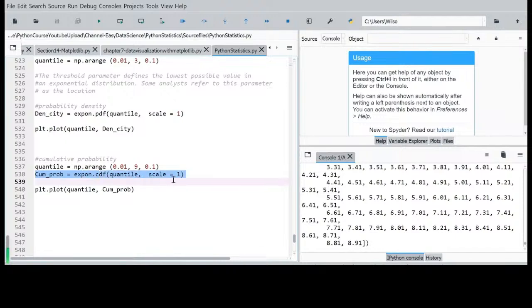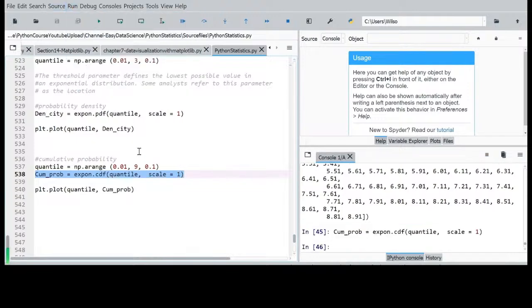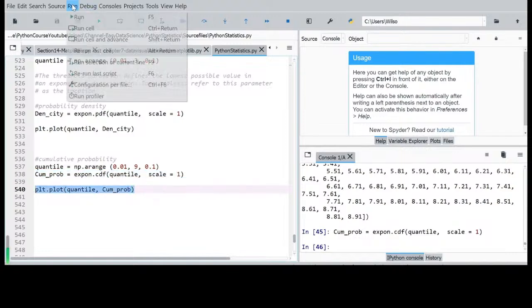Next we run expon.cdf, the cumulative probability function, on this array, also with scale 1. Then we plot the curve between quantile and this cumulative probability.